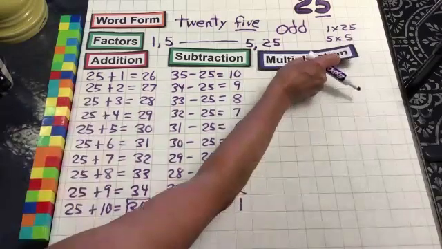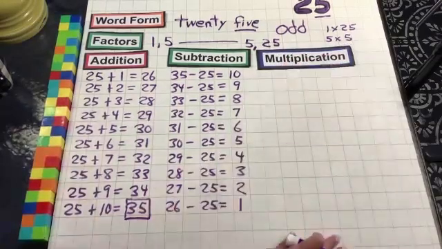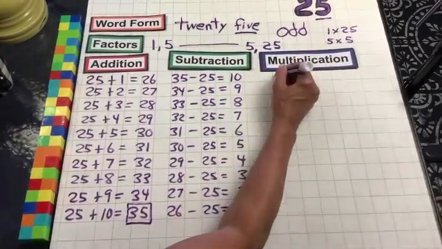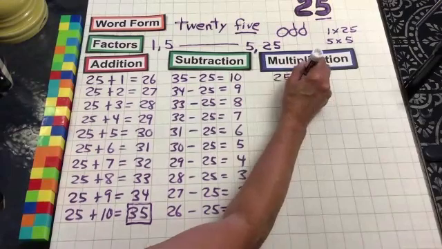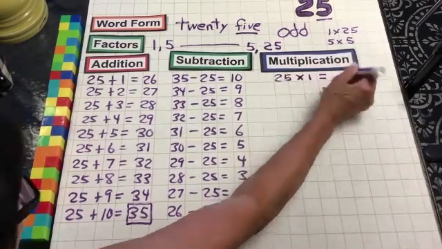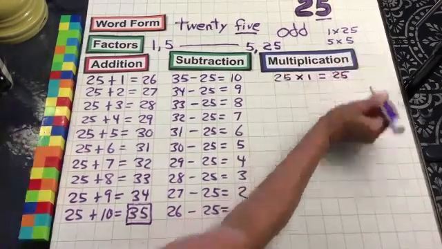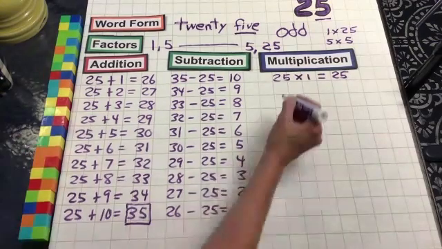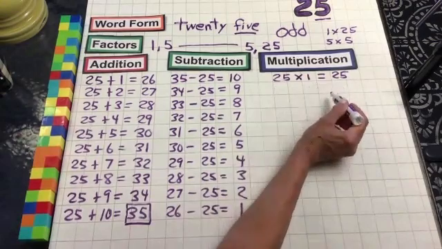The multiplication. And of course, we're going to do this a little different today since we're talking 25. So 25 times 1, we know any number times 1 is itself. So that's 25. And then we're going to think about this as quarters.